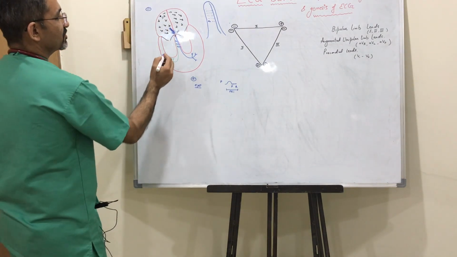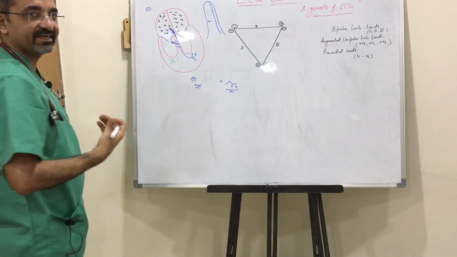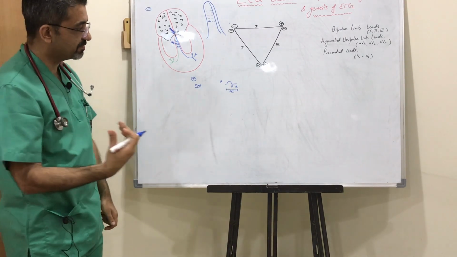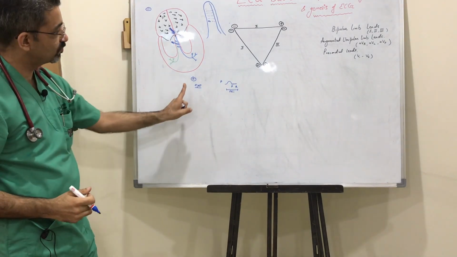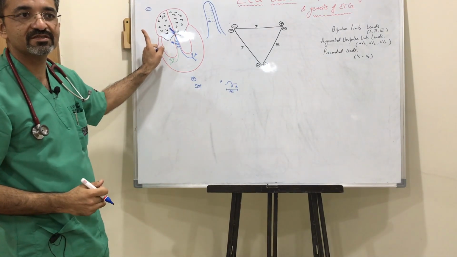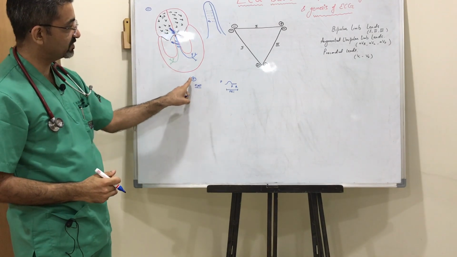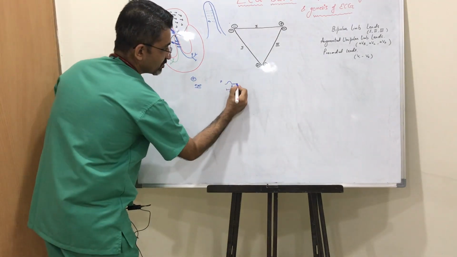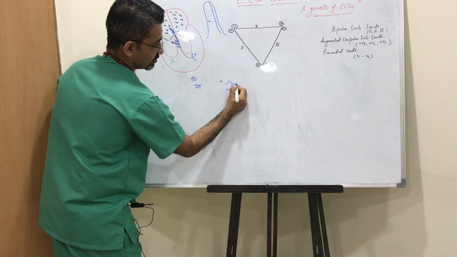So what will be the direction of the vector? The vector's direction will be somewhere like this, slightly up and slightly right. Now just imagine this positive eye is looking towards a vector which is going up and towards the right. So positive charge is going up and right from this eye. So the deflection will be negative. So there will be a small Q wave.